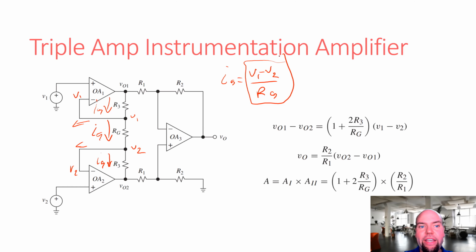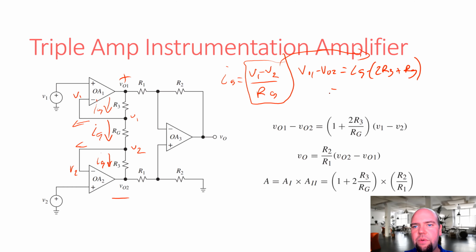So basically, the voltage between here and here is going to be IG times 2R3 plus RG. And we got IG is this.